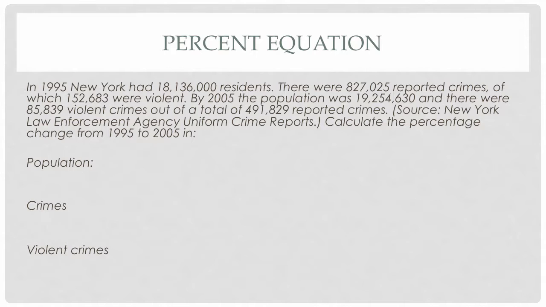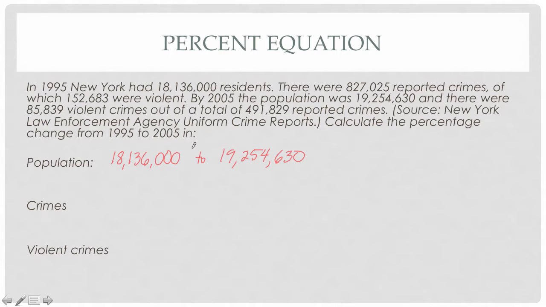Calculate the percentage change now, and we're using these data numbers. We're going to calculate the change. So how much did the population change? All right, let's start with that, population. So we went from 18,136,000 to 19,254,630.